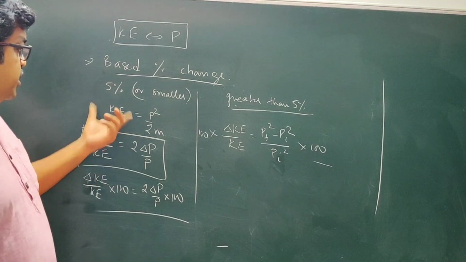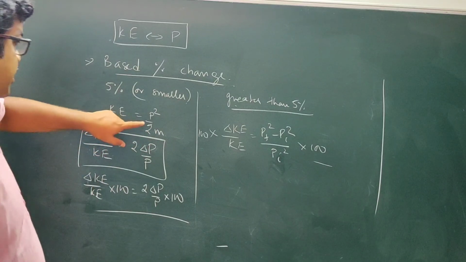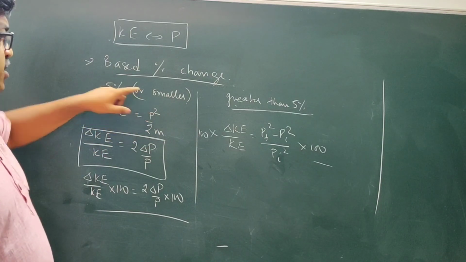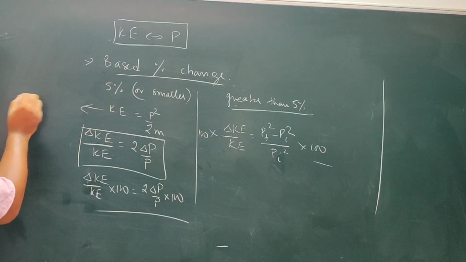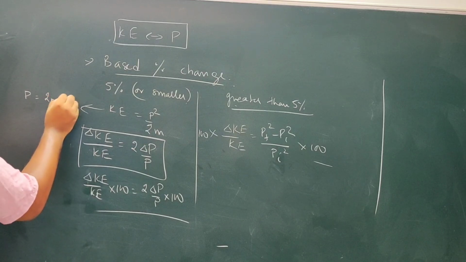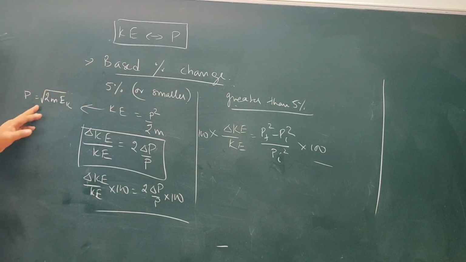Now in case the opposite of this is asked, like in momentum, you have to find the change in momentum if there is a change in kinetic energy. In that case, p is equal to the square root of twice m KE.